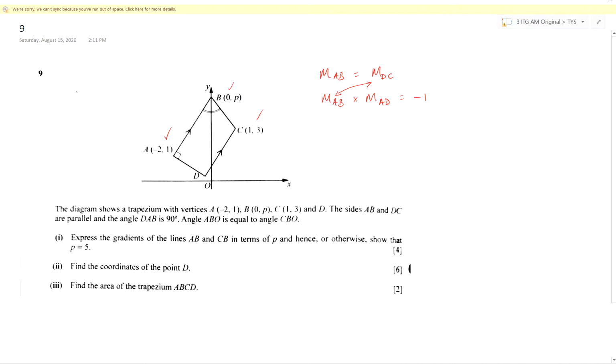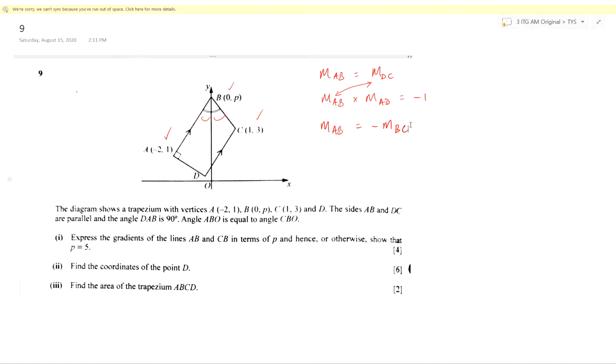They also tell us that angle ABO is equal to angle CBO, and because it is bisected by the y-axis, we know that the gradient of AB is going to be equal to the negative of the gradient of BC. So these are the information that we have obtained based on the introduction to the question.